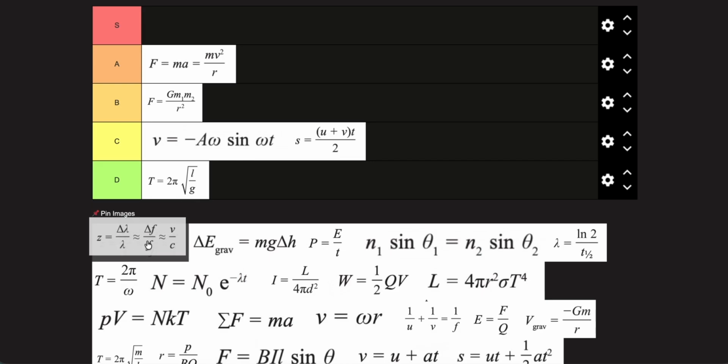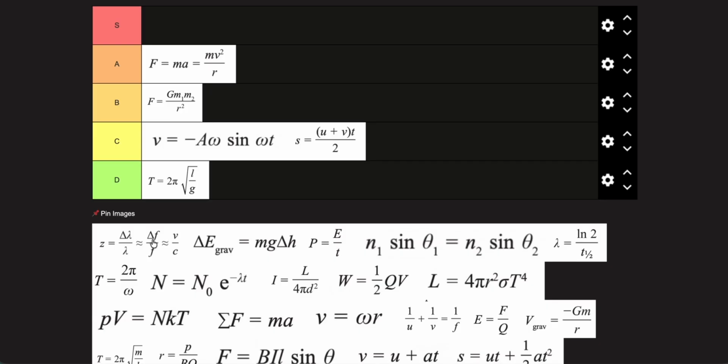This is the Doppler effect for light. The Doppler factor z, which is equal to the velocity of a star as it recedes over the speed of light, gives you the red shift or blue shift and so on. Is it fundamental?